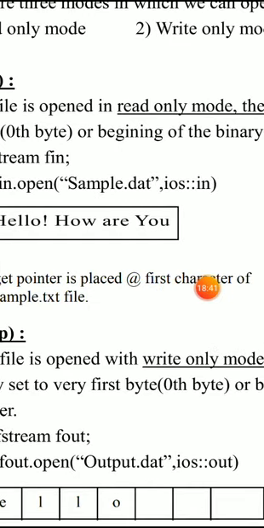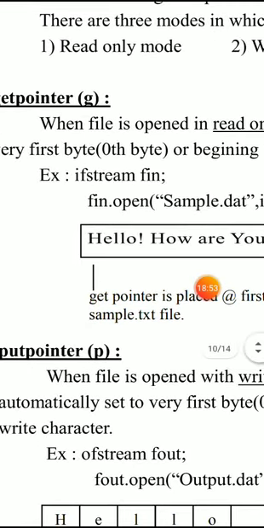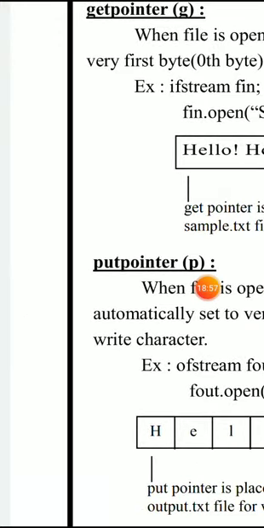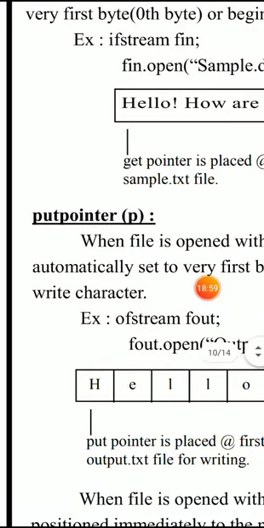Sample.dat is the name of the file. ios::in indicates that the user wants to open a file for input purposes or for reading purposes. When the compiler detects this statement, it will automatically place the get pointer at the first character position, from where the get pointer starts reading the contents of the particular file character by character.